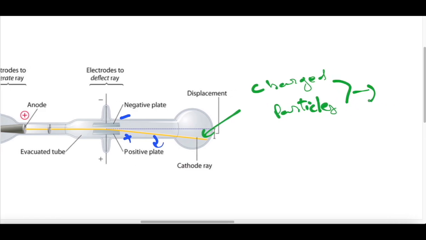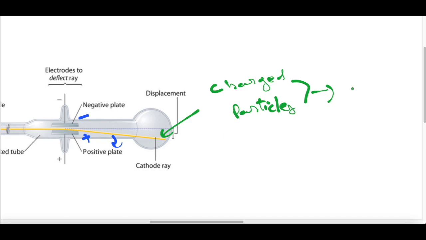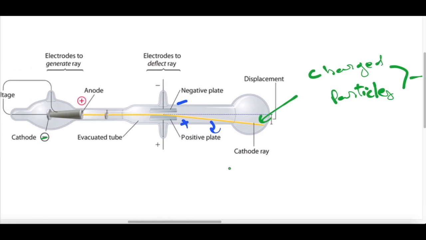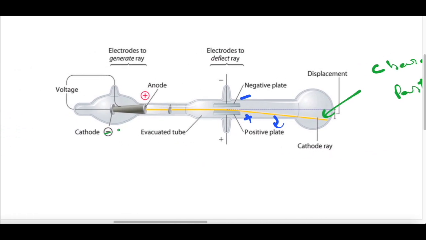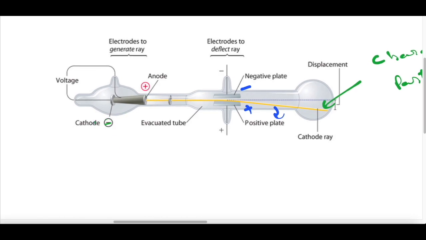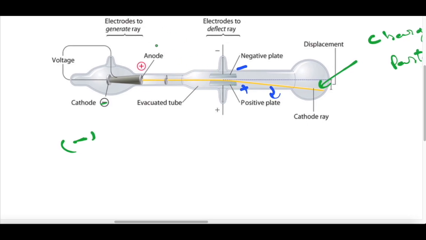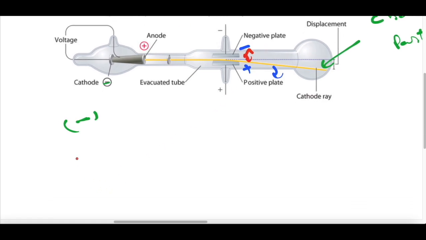Now the next question was, what is the charge of this particle? Is it a positive charge or negative charge? So here we have some clues. For example, the first is that the cathode is negatively charged. Also, when it arrives between the two plates, there is a repulsion effect between the negative plate and this light.